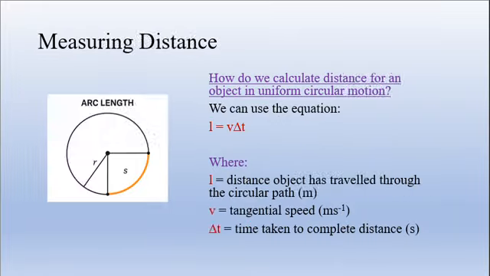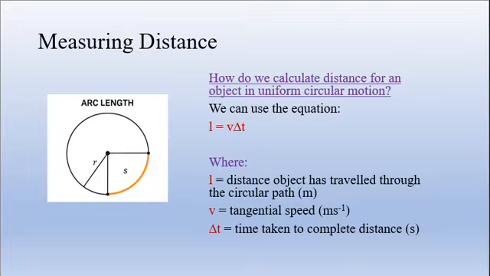Okay, so now let's have a look. If an object moving in uniform circular motion is accelerating because it's constantly changing direction, how do you calculate the distance that an object has traveled? If you use the tangential speed of the object at one particular point, you can simply use the speed equals distance over time formula.